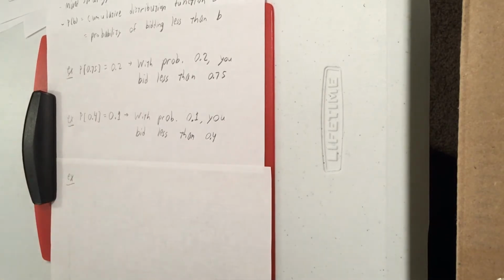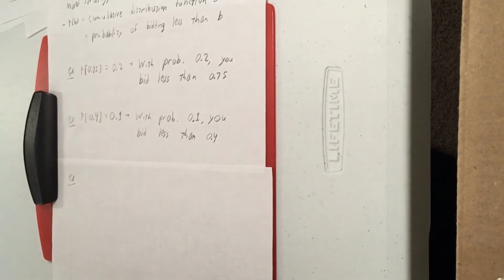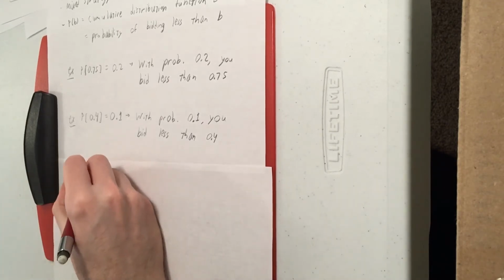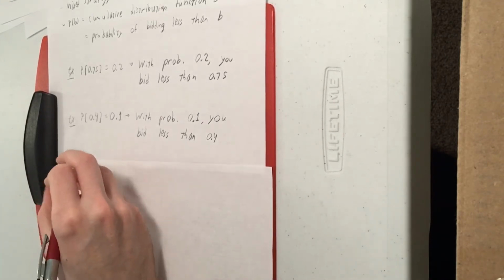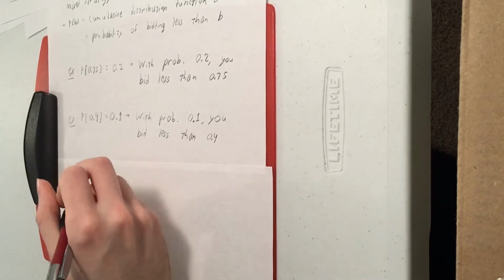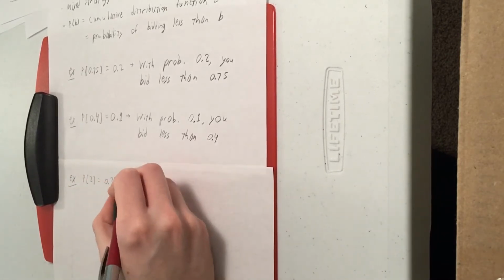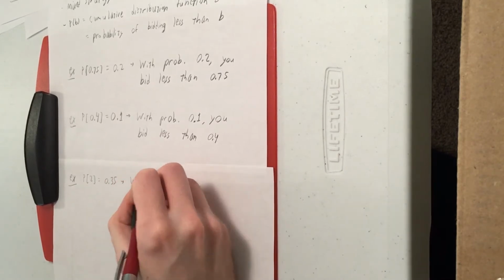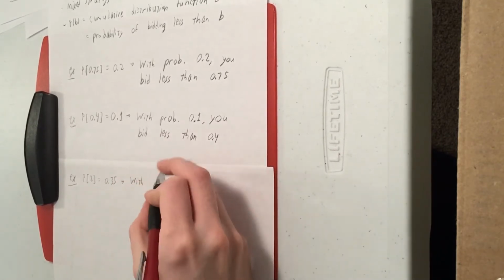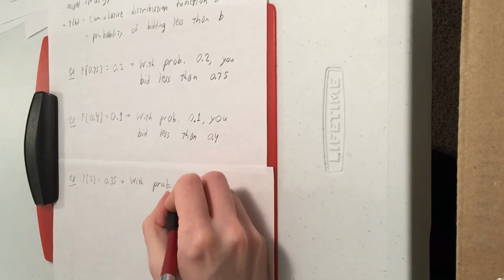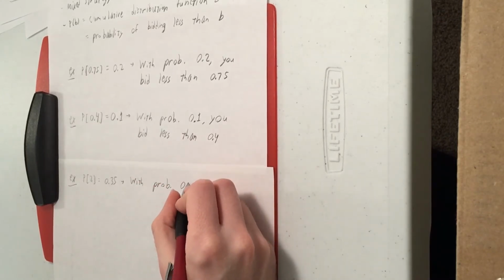I'll do one more easy example before I look at more sophisticated cases. Maybe P of 2 is 0.35. So there's a 35% chance that you bid less than 2.